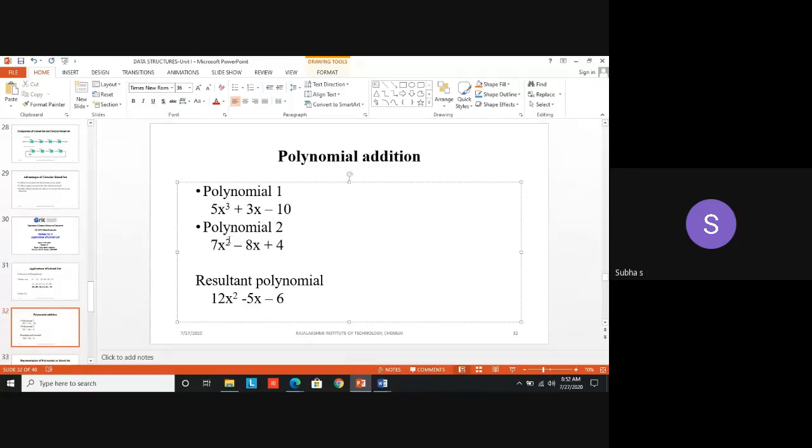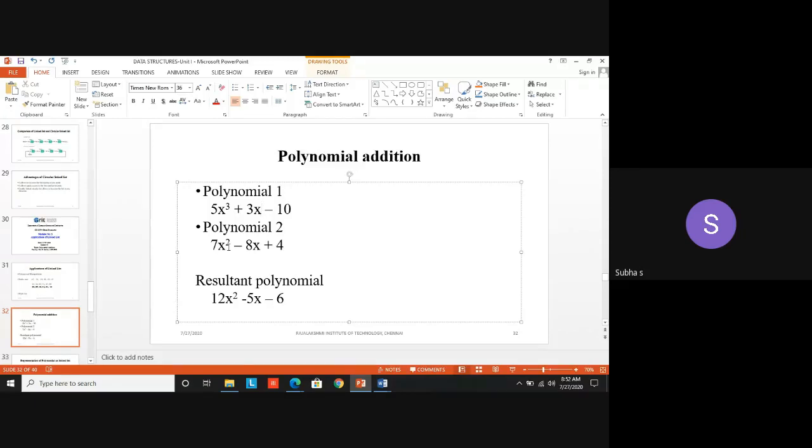But both powers are not equal. Which one is having the highest power? This 3. So you have to put that term, 5x cube. Then you are moving the pointer here. Now your pointer will come to 3x, but for 7x square, the pointer will be in the same position itself. Now here x power 1 is there, but x power 2 is here.